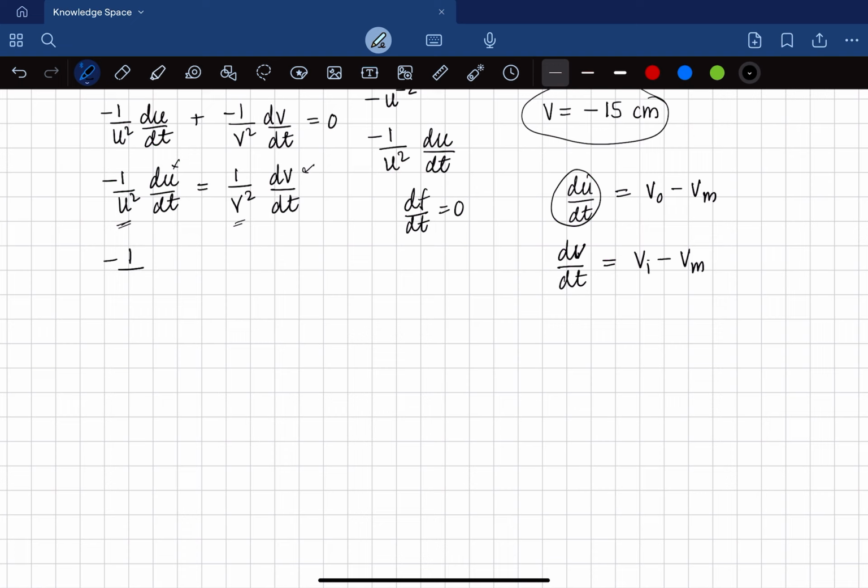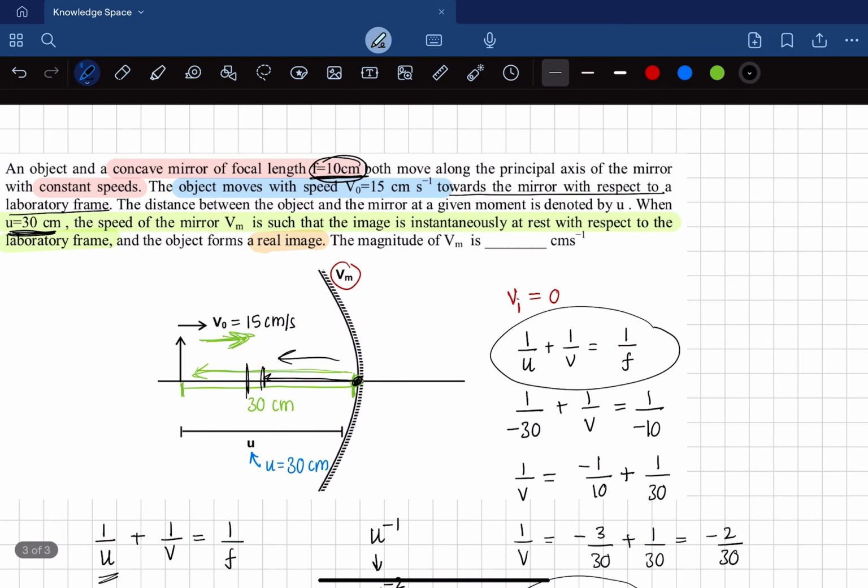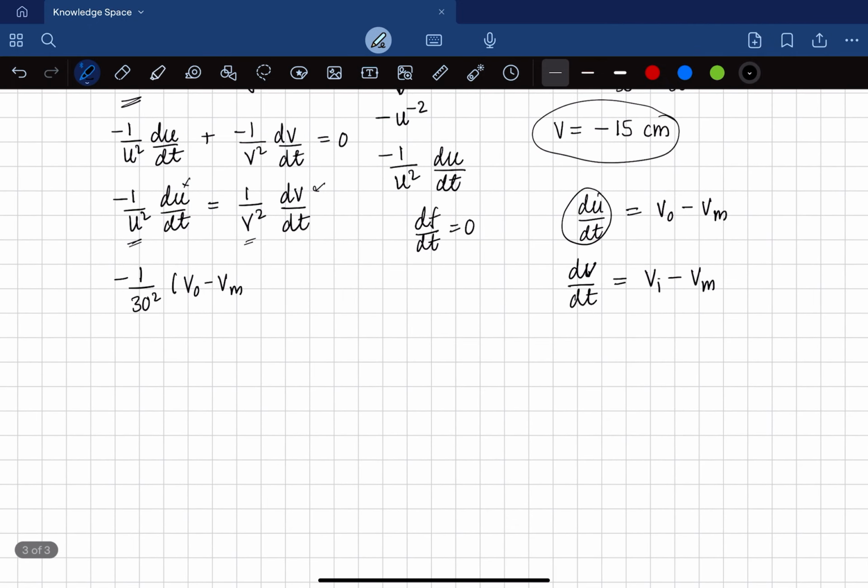So let's continue. We know that u is 30 centimeters, so 30 squared, times VO minus Vm. I think they gave us VO. VO is 15. Yeah, we'll just directly replace that. 15 minus Vm, which is equal to 1 over, we got v as negative 15 centimeters, so negative 15 squared, and dv over dt.